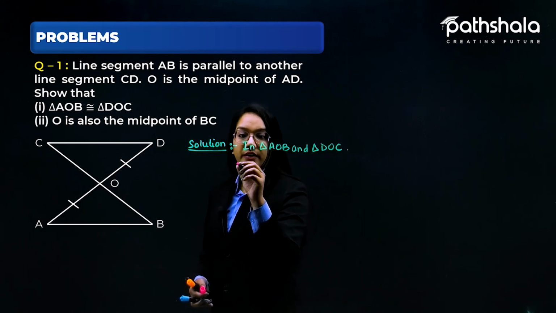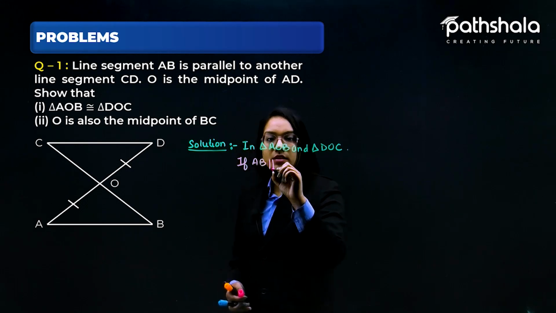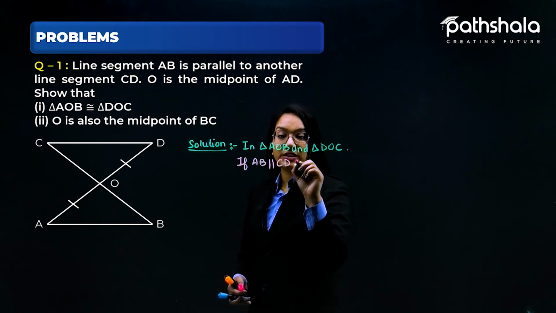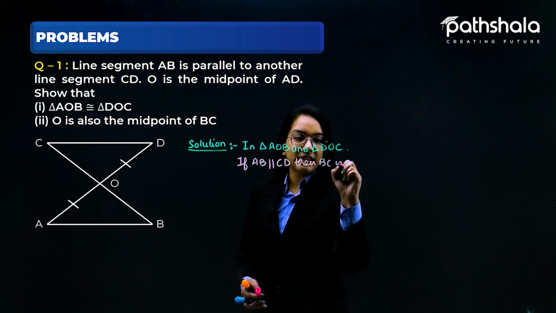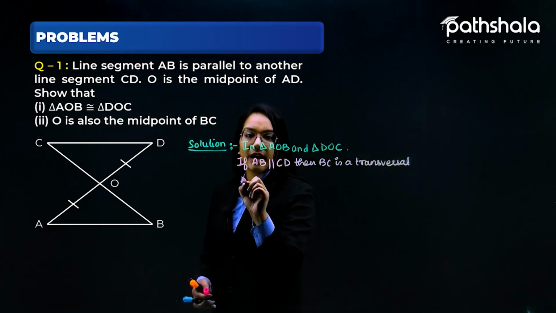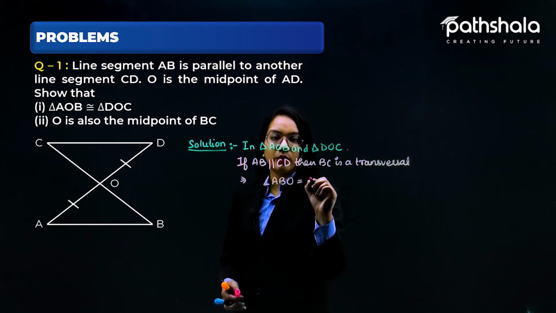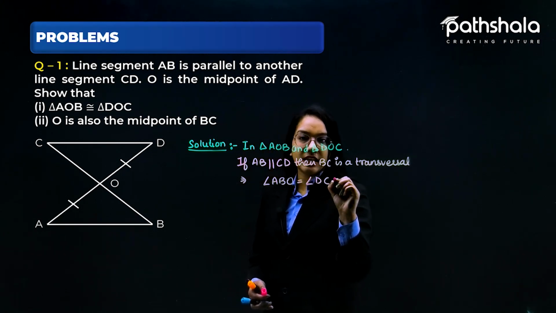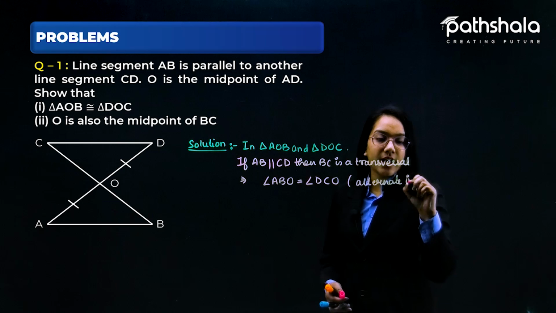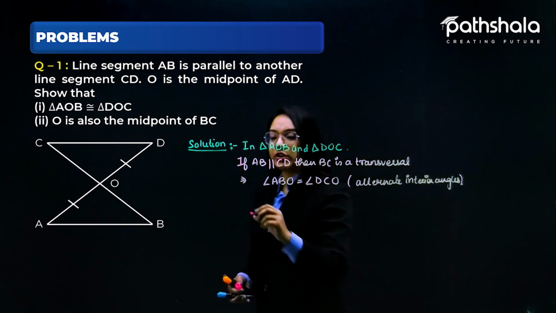If AB is parallel to the line segment CD, then BC is a transversal. It implies that the angle ABO should be equal to the angle DCO. They are alternate interior angles, and we know that alternate interior angles are always equal to each other.